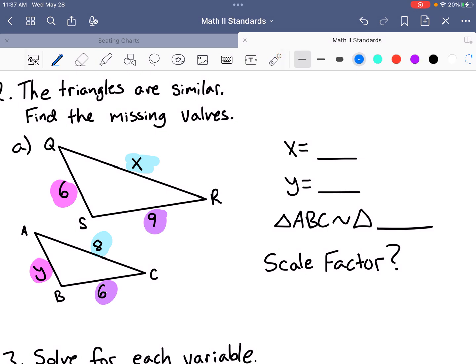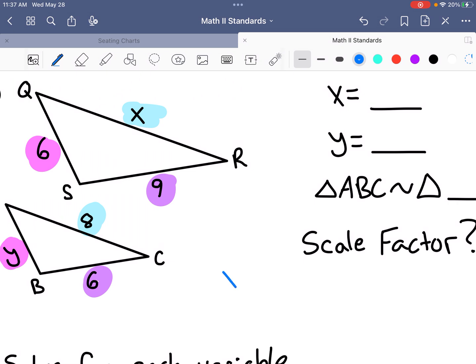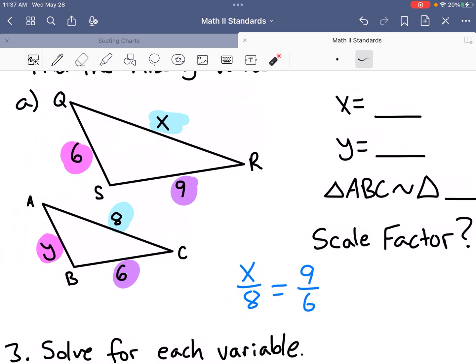Meaning, if I wanted to find x, I could say that x divided by 8 should be the same as 9 divided by 6. The key to this is making sure that you look at the corresponding sides. You can't just pick any side. It has to be the same side in relation to your triangle.